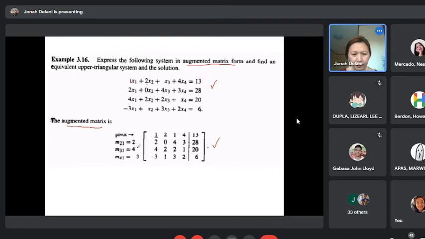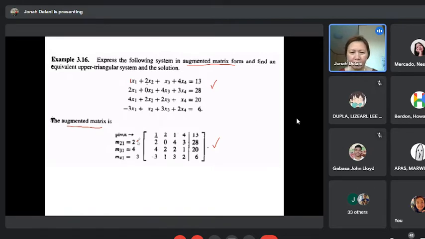i-divide by 2 divided by 1, then i-multiply silang tanan dito. Let us try to check ha. I-minus.